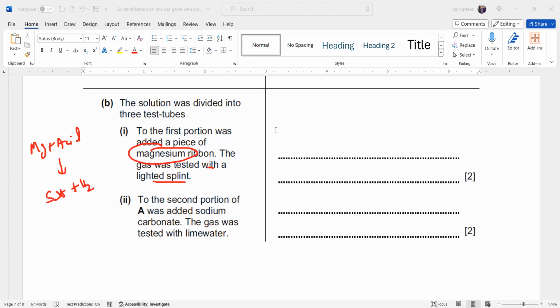Whenever a gas is given off, what is the first observation? Fizz, bubbles or effervescence. And then tested with a lighted splint, hydrogen gas gives a pop sound, because acid plus metal gives salt and hydrogen. So effervescence and pops.